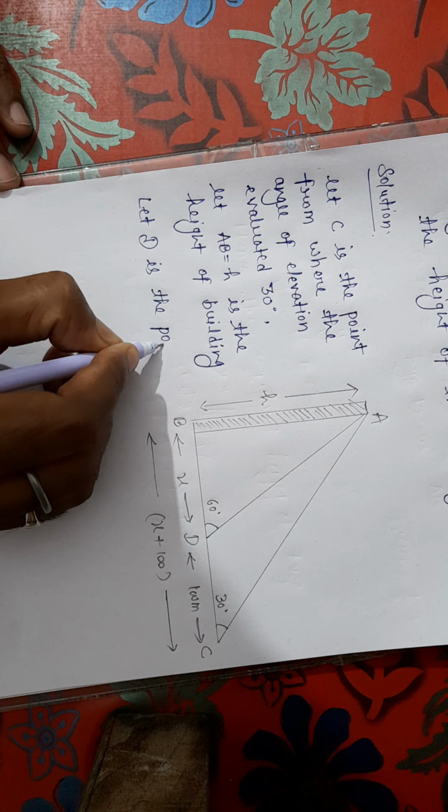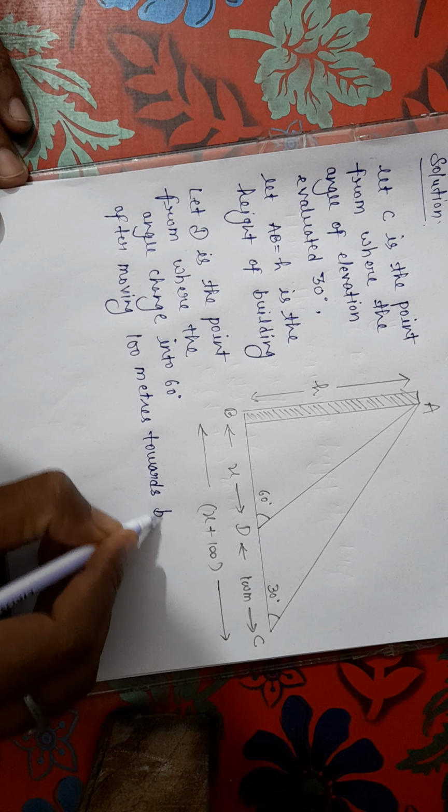Because we are going towards the building. So the angle changes into 60 degree after moving 100 meter towards the building.